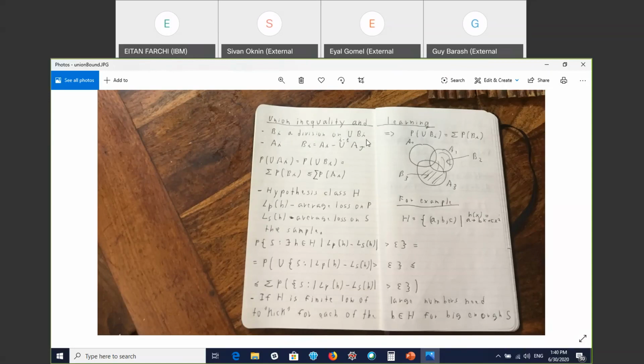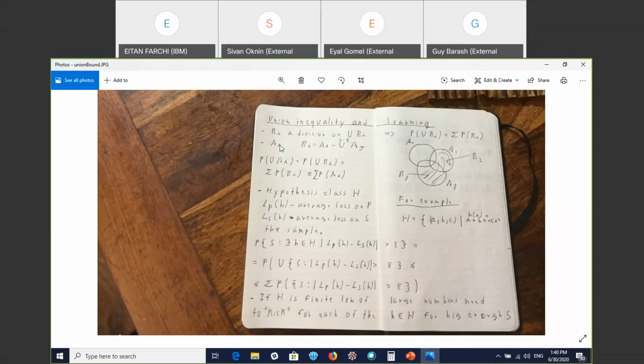In general, one of the axioms of probability says that if you have a division of events Bi, then the probability of the union of the division of the Bi is equal to the sum of the probability of each event. Now, the union bound tells you how to handle a case where the events overlap.